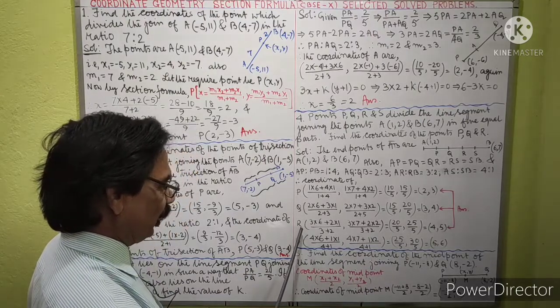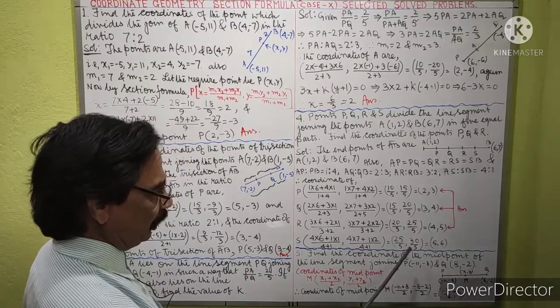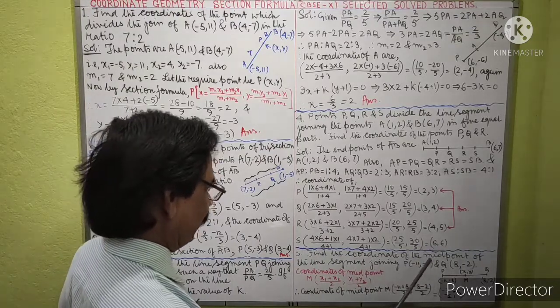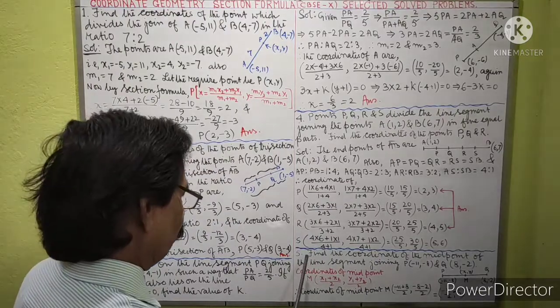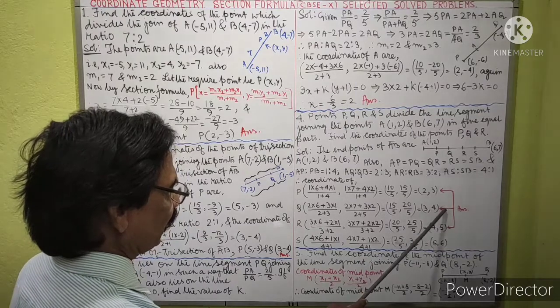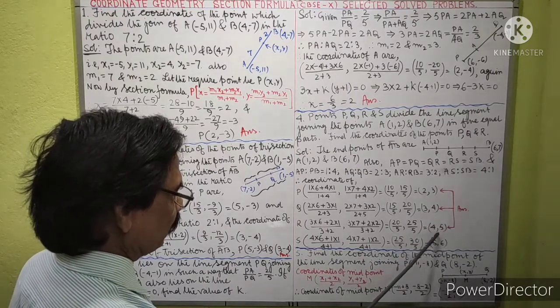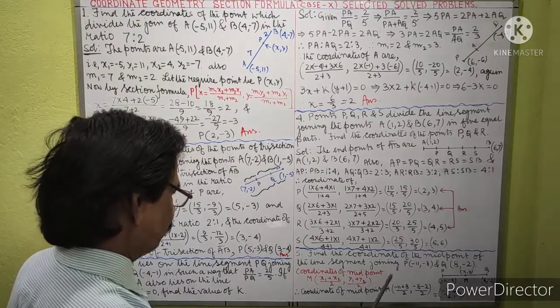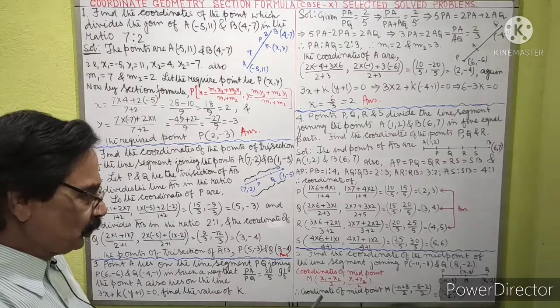And the coordinate of R will be found the same way. We will get 4 and 5. I have also calculated the coordinate of S, which they don't want. So these three are the answer: this is the coordinate of P, this is the coordinate of Q, and this is the coordinate of R.